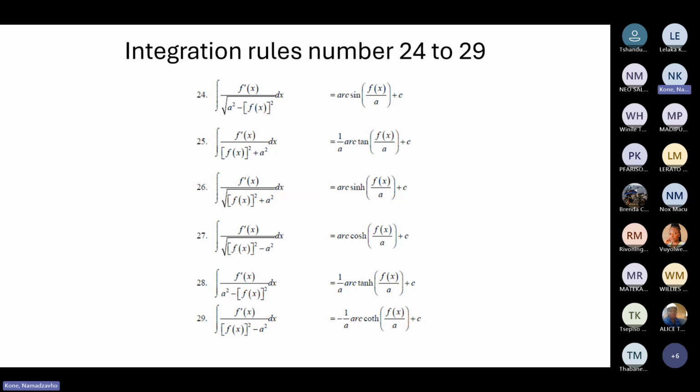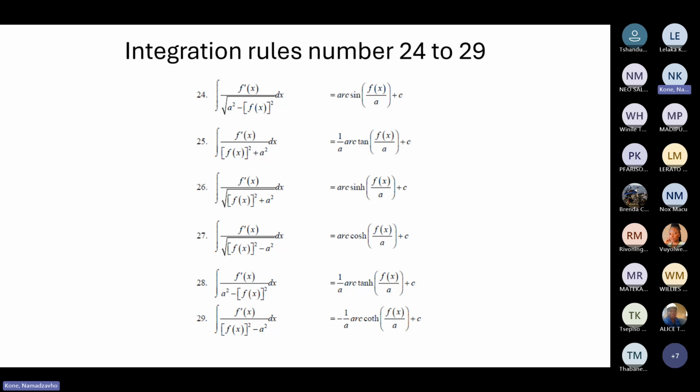So when you want to look for which rule you are applying, you need to be very careful whether you are applying a rule with a square root sign or without a square root sign. Look at rule number 25. Rule number 25 does not have a square root sign, and is the sum of two squares. But if you check rule number 26, rule number 26 is also the sum of two squares, but it has a square root sign. The one that does not have the square root sign, which is 25, is 1 over a arc tan.